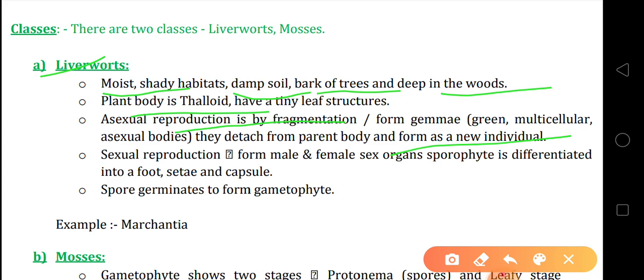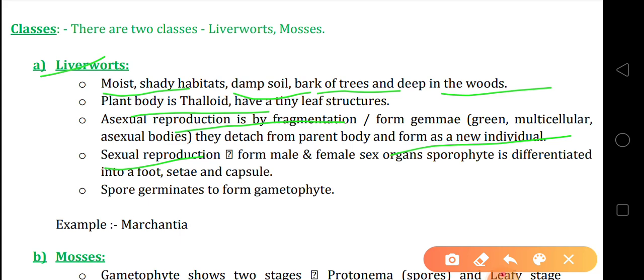Fragmentation. Next, sexual reproduction, that is by male and female sex organs. The sporophyte is differentiated into foot, seta and capsule. So the gametophyte turns into the sporophyte, and the sporophyte is differentiated into foot, seta and capsule, the three structures that you can see in the plant body of the sporophyte.